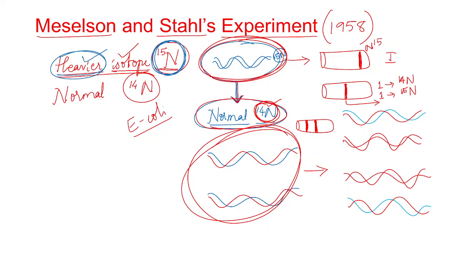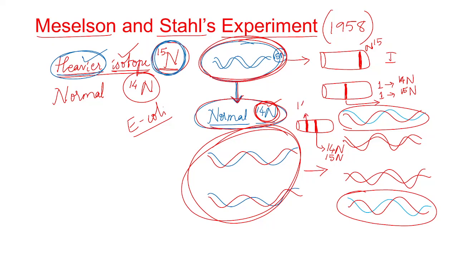When they have obtained 2 bands here, they concluded that some of them are present in the middle, means they are having 14N and 15N, these 2 will form the band in the middle. And next one here, the lightest DNA will be formed, which will be made up of 14N and 14N, these 2 are the molecules. That is why they have got 2 particular bands here.